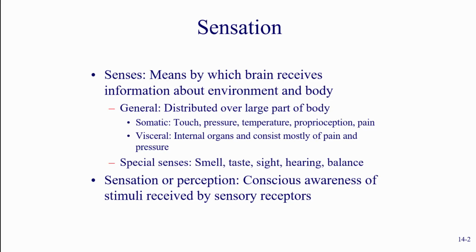Now, special senses are going to be the sense of smell, taste, sight, hearing, and balance. And sensation or perception is the conscious awareness of stimuli received by sensory receptors.